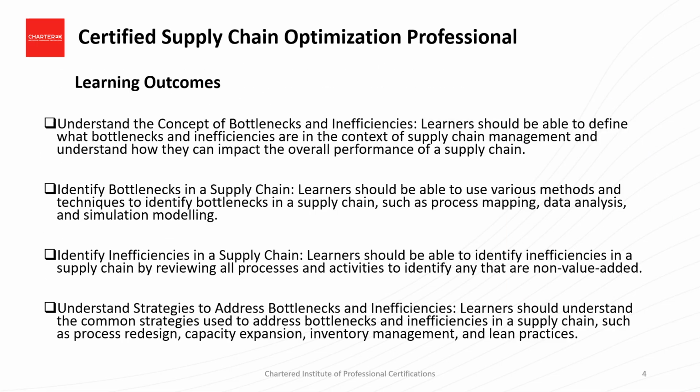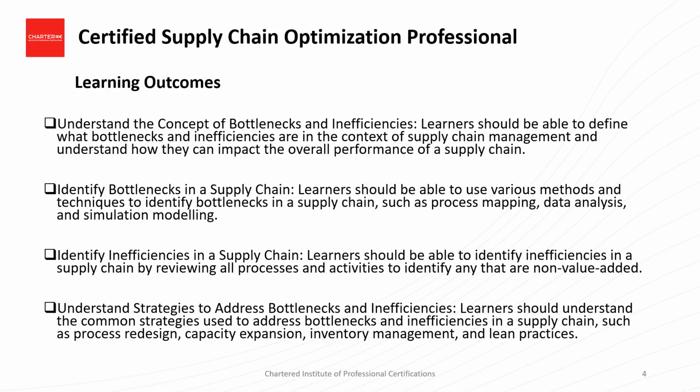There are quite a number of learning outcomes for this course. You can have a review of them, but at the end of the lesson, you should be able to define what bottlenecks and inefficiencies are in the context of supply chain management. You should also be able to use various methods and techniques to identify bottlenecks in a supply chain, such as process mapping, data analysis, and simulation modeling.